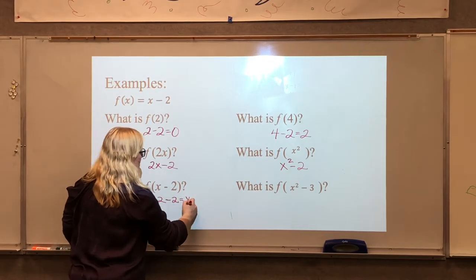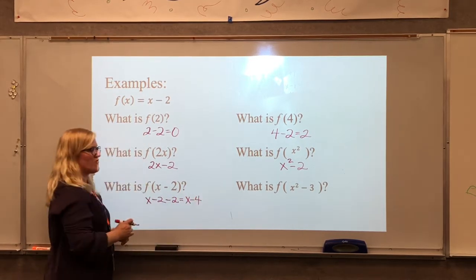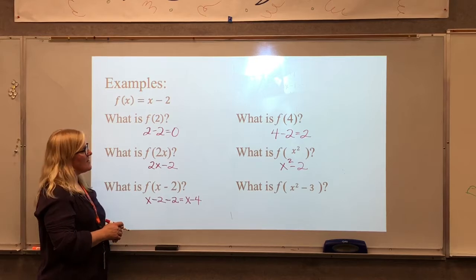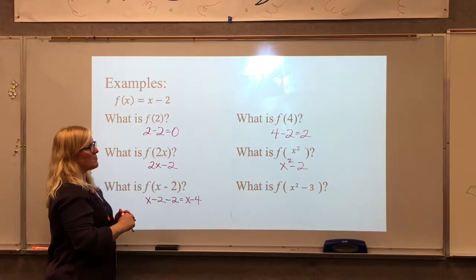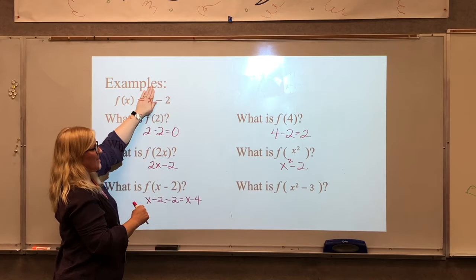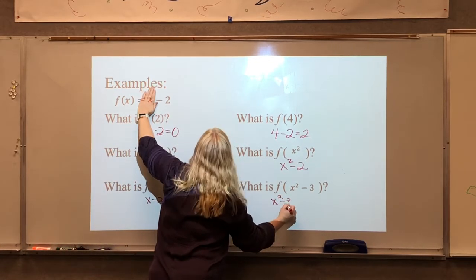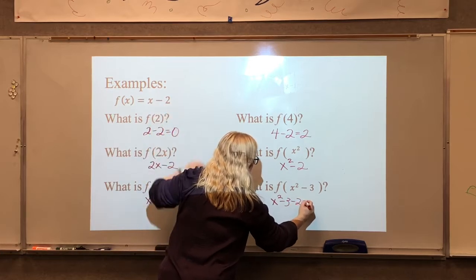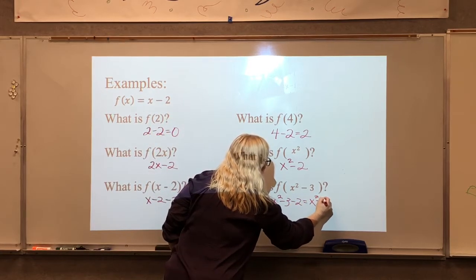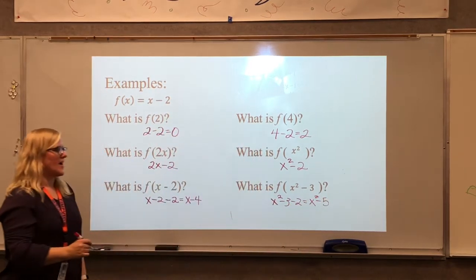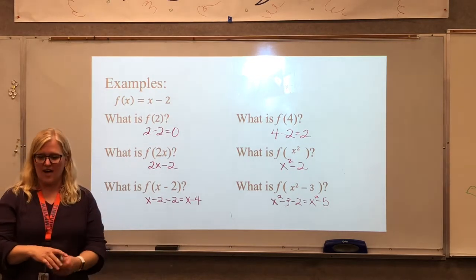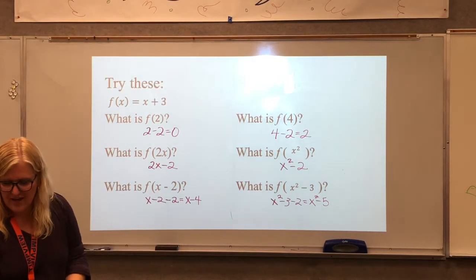And that gives me x minus 4. And then, what is f of x squared minus 3? Well, I take out that x again, and I'm going to put in x squared minus 3 minus 2. So that gives me x squared minus 5.